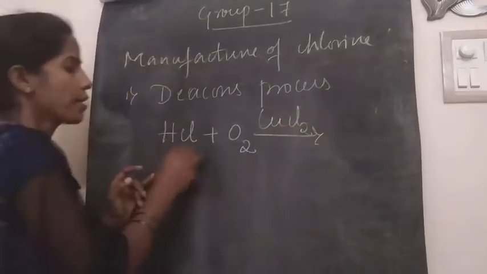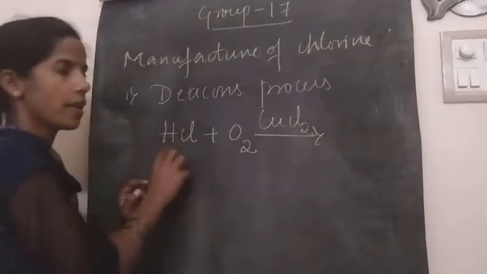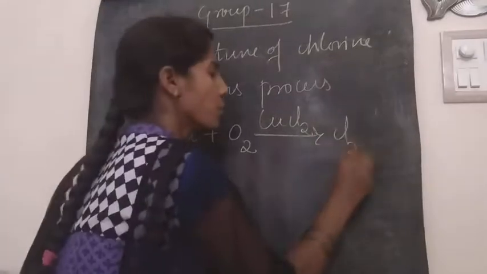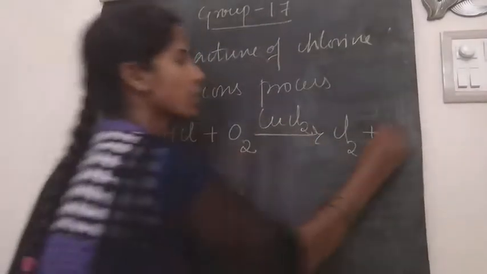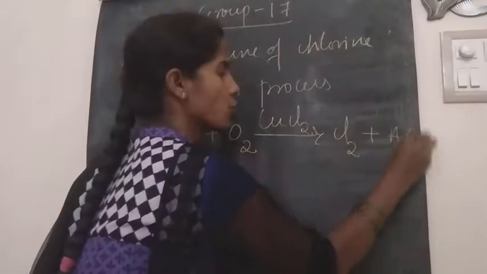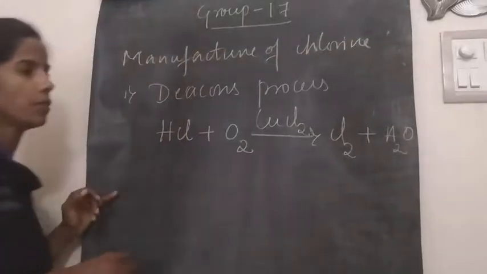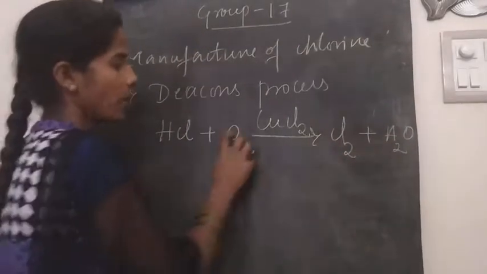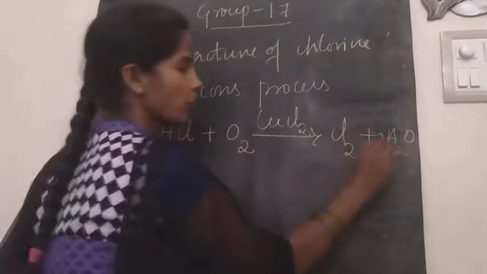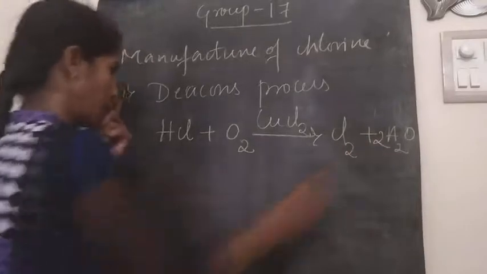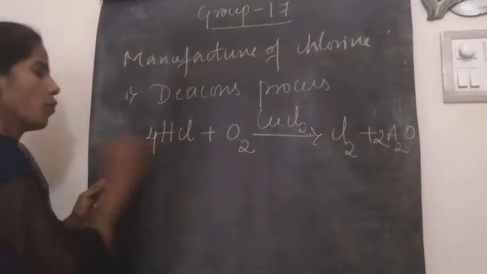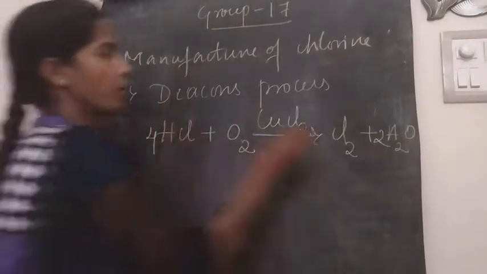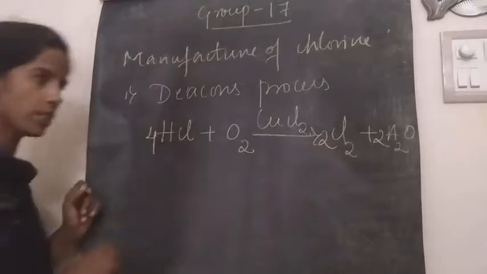The HCl is oxidized to Cl2 and oxygen is removed in the form of H2O. To balance the reaction, how many oxygens are there? 2, therefore 2 H2O, 2 twos are 4 hydrogen, therefore 4 HCl, chlorine 4, therefore 2 Cl2.